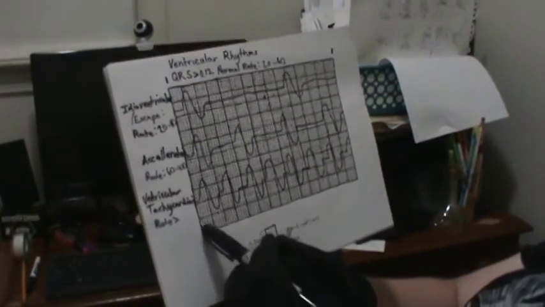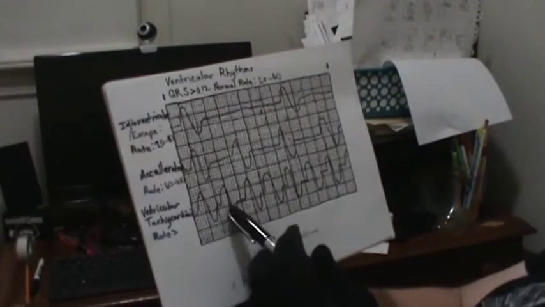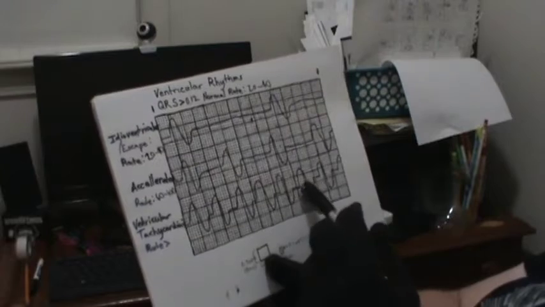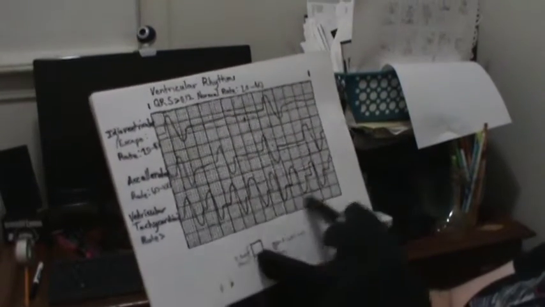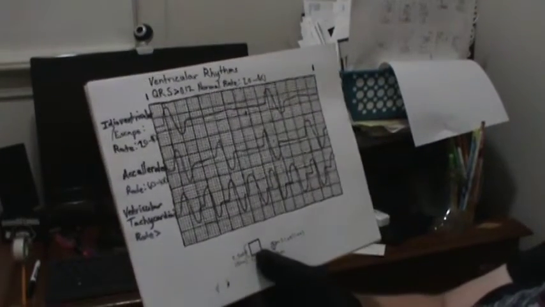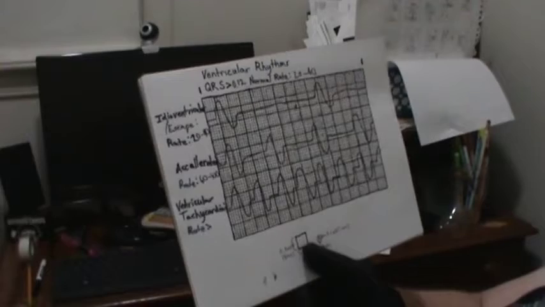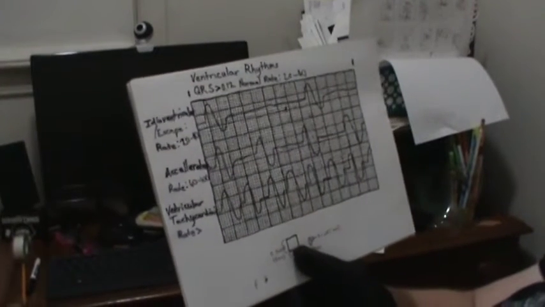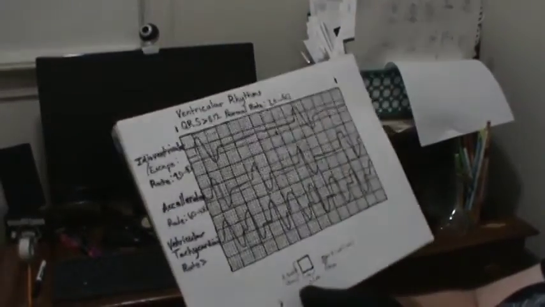Now, if we move on down to this third level here, we'll notice that we have 1, 2, 3, 4, 5, 6, 7 complete beats within this 3-second strip. So, that is going to be a rate of 140 beats per minute, which classifies this as a ventricular tachycardia.